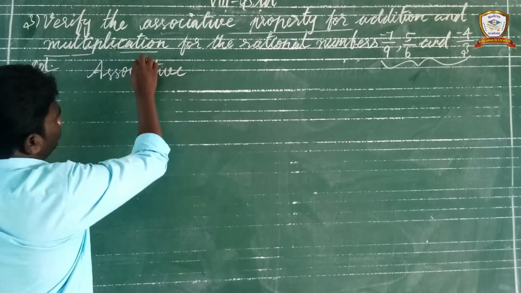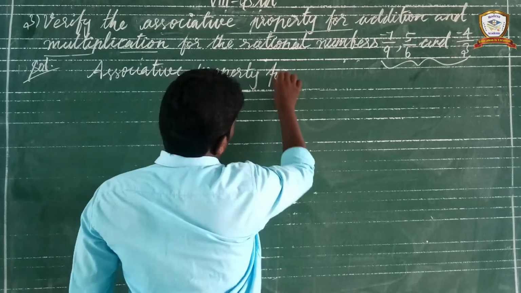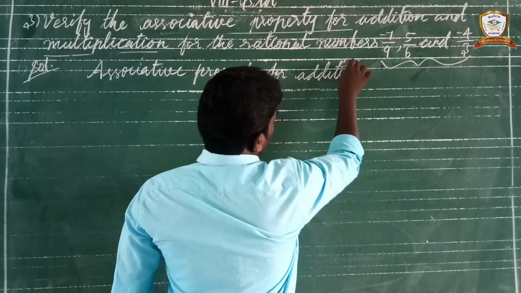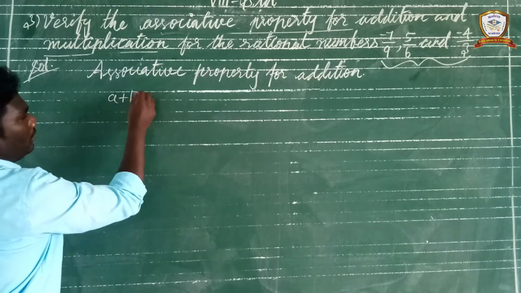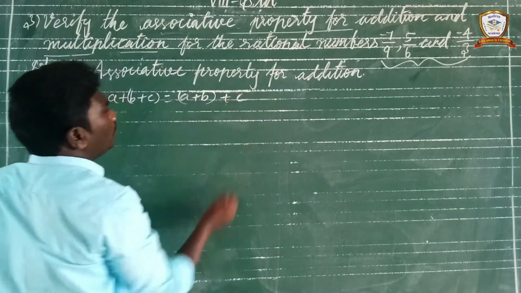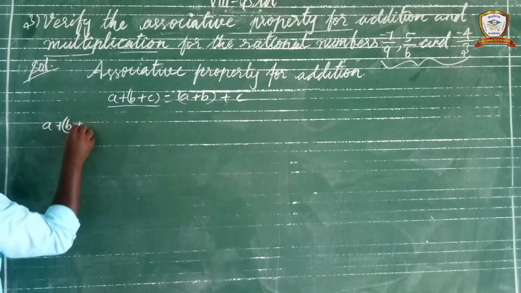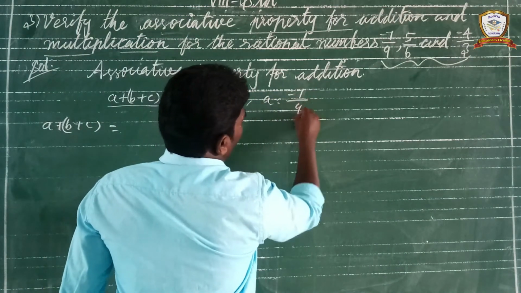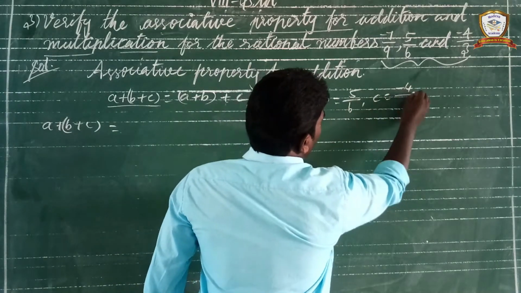First we prove the associative property for addition. Here is the associative property for addition: A plus of B plus C is equal to A plus B plus C. Okay, first we take the left hand side, A plus of B plus C. Here A is equal to minus 7 by 9, B is equal to 5 by 6, C is equal to minus 4 by 3.